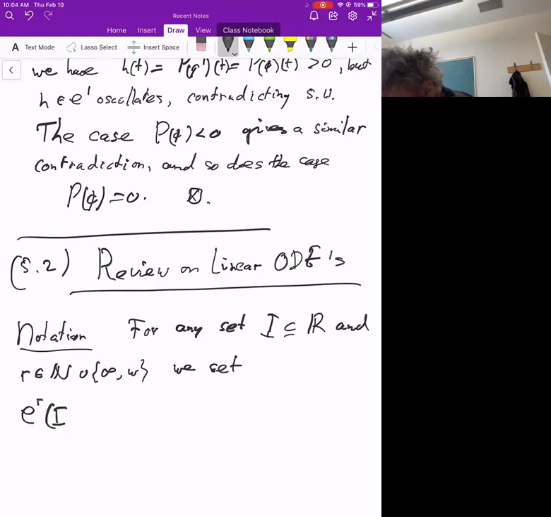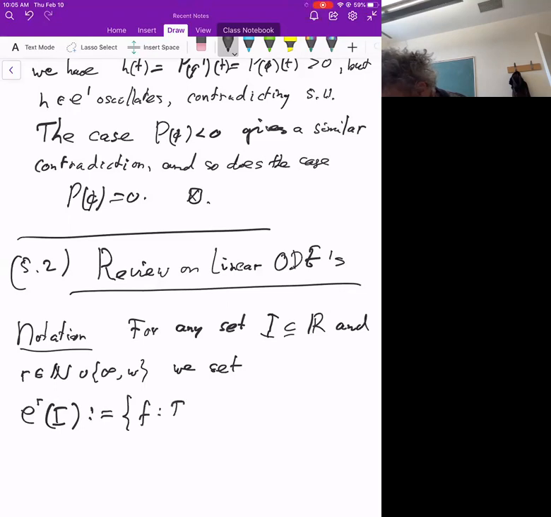I say the r times continuously differentiable functions, or the real analytic functions if r is omega, are simply those f from I to R where f extends to a function in C^r(U) for some open U in R.